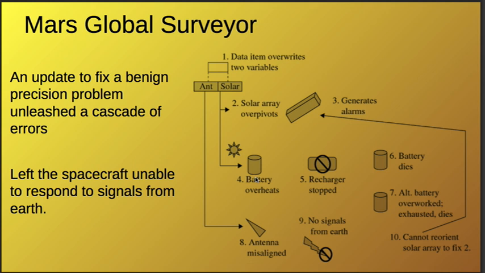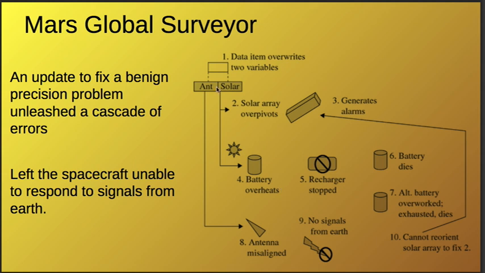And as a result of the battery overheating, the recharges stopped, then the battery died, an alternate battery was overworked and died. And then the antenna, as a result of the battery being overworked, got misaligned. There were no signals coming in from Earth, and you could not reorient the solar array to fix step 2, the error 2.